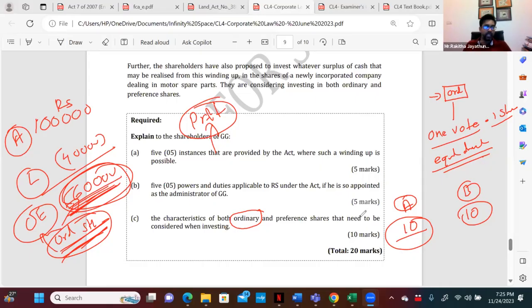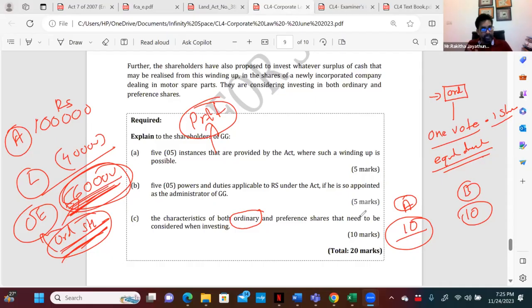They're entitled to a fixed dividend, and they should be given priority over ordinary shareholders. So when the company is paying dividend, first they have to pay the preference shareholders their fixed dividend, and then you can pay the ordinary shareholders if you have any balance. So the preference must be given to the preference shareholders.